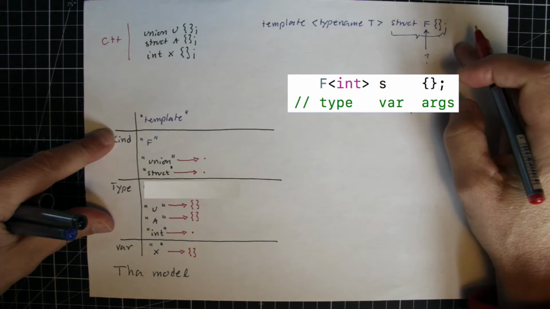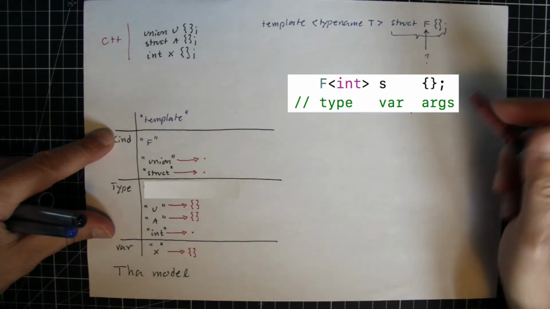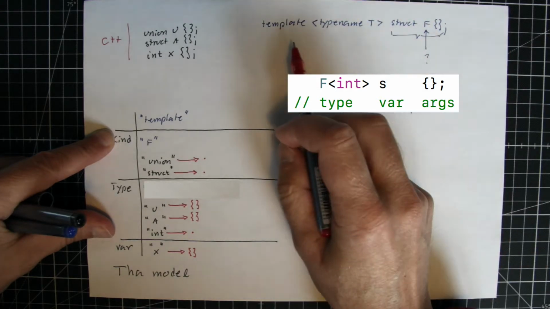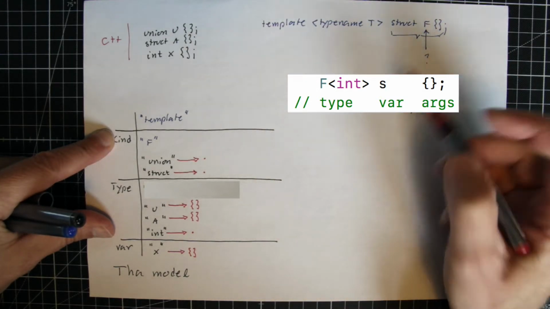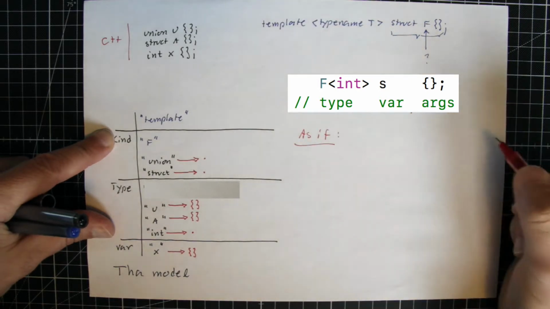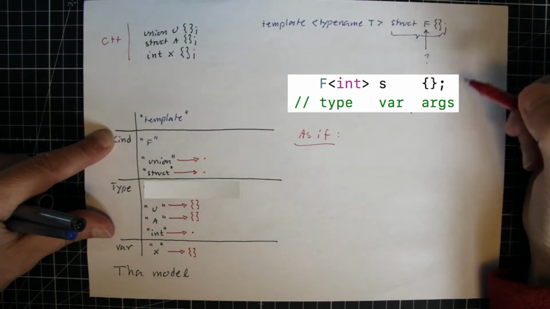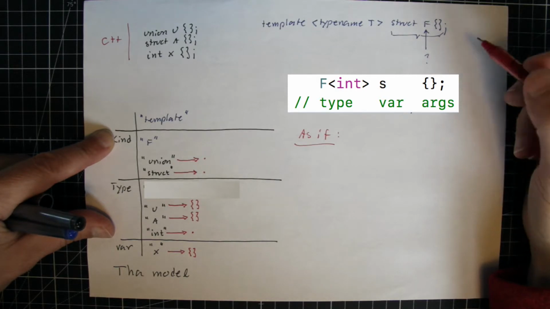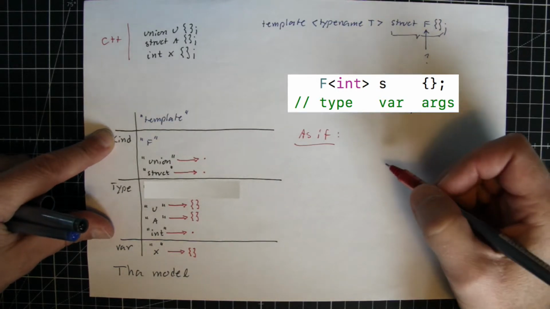I'm going to motivate this by trying another way of explaining this, and that's taking this and looking at it using some familiar C++ semantics, or syntax rather, and inventing a new semantics for it.